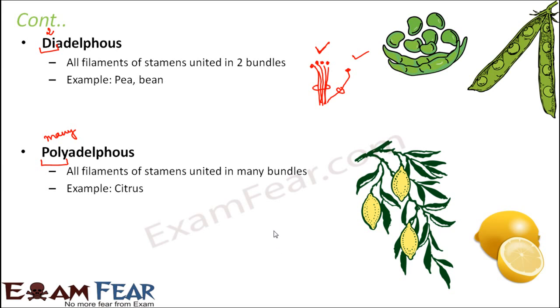So how would this look like? It would be somewhat like this. Let us suppose you have several stamens here forming one bundle, again some stamens forming one more bundle, again some stamens forming another bundle.